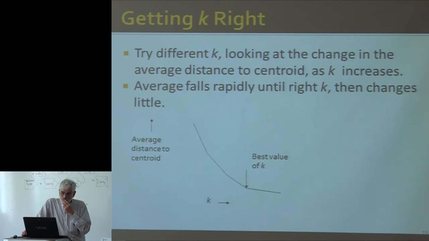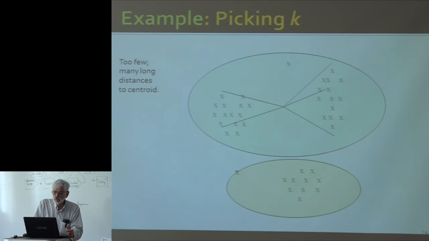If every point is a cluster, it's 0. Now, if this were just some plain old decreasing function, who would know? But what I claim is there's going to be a bend in the function. That is, it's going to go down steeply until you hit the right K, and then it will still decrease, but not by much.